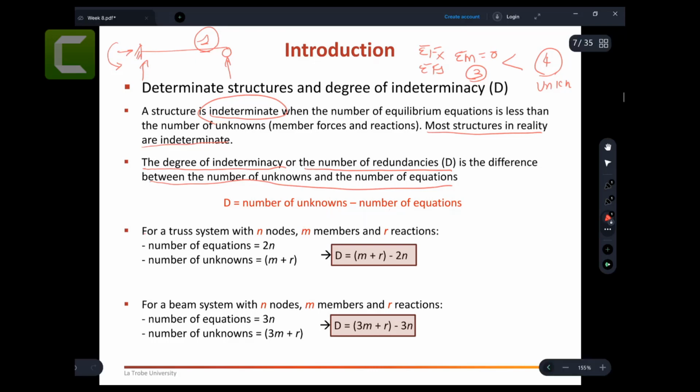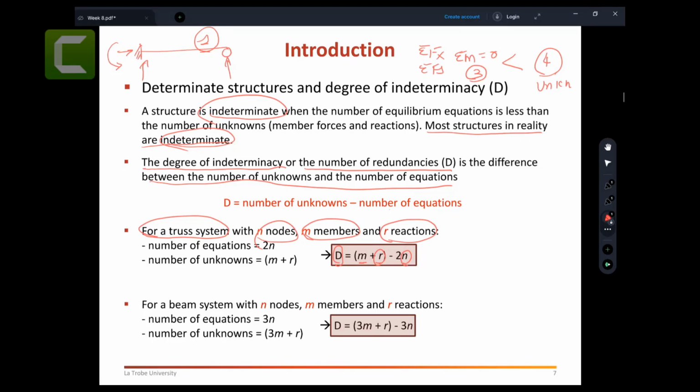So when you are talking about the truss, and if you want to find the degree of indeterminacy for the truss, this is the equation. Degree of indeterminacy is equal to m plus r minus 2n. m is the number of members, r is the number of reaction forces, and n is the number of nodes or number of joints. Okay, we will take examples that will give you more insight into this equation.